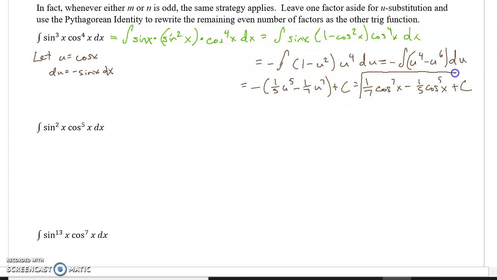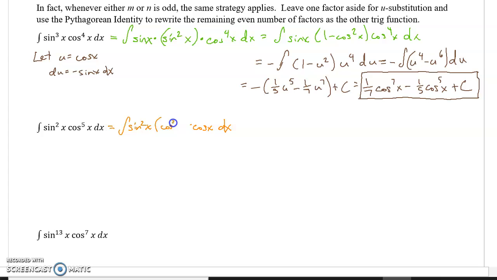So that same strategy is going to apply over and over again, as long as you have at least one odd exponent. Here we have the odd exponent on the cosine, so the sine squared stays untouched. We will take one cosine of x and keep it aside, and then we've got four more.